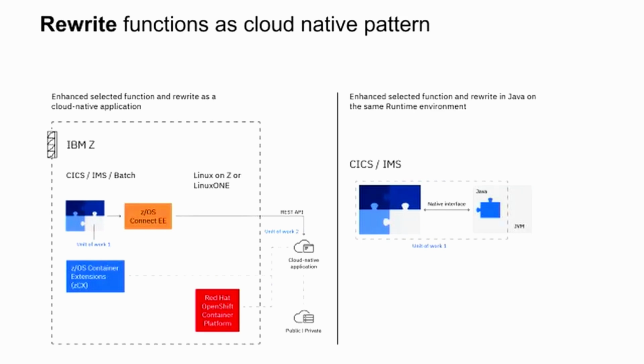There are several strategies that can be used in the rewrite area. You can rewrite as cloud native applications for API based integration. That's something we're all quite familiar with, APIs. You could rewrite them using open enterprise languages such as Java, and then co-locate them on the same environment as the existing applications. You could replace with a packaged solution.